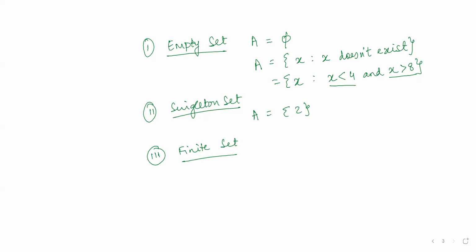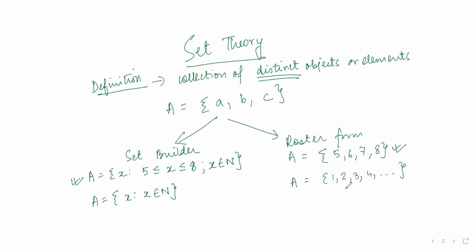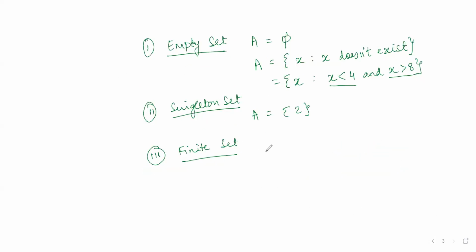Like for example, the set of natural numbers is infinite, the set of real numbers is infinite. Finite is the example that we have. A singleton set is a finite set. Finite number of elements are there, 5, 6, 7, 8. This is an example of a finite set. This is an example of an infinite set. Finite set can be 5, 6, 7, 8.